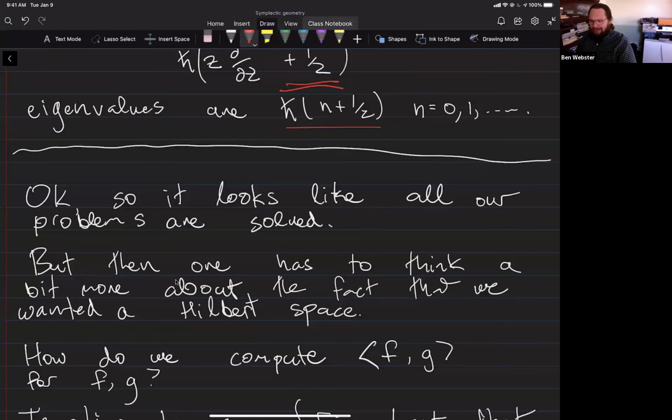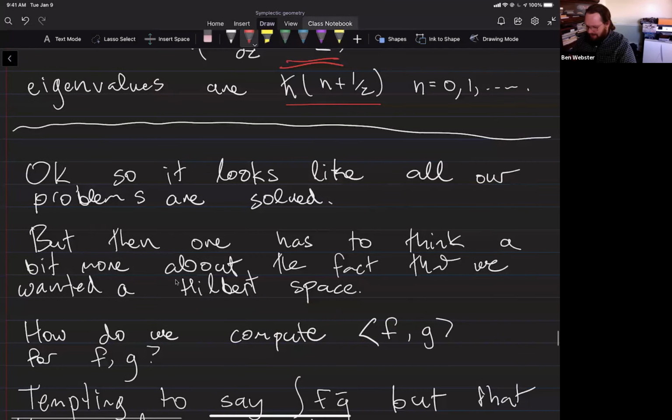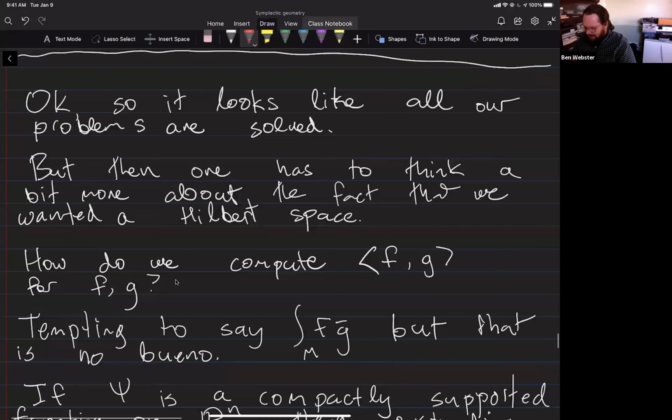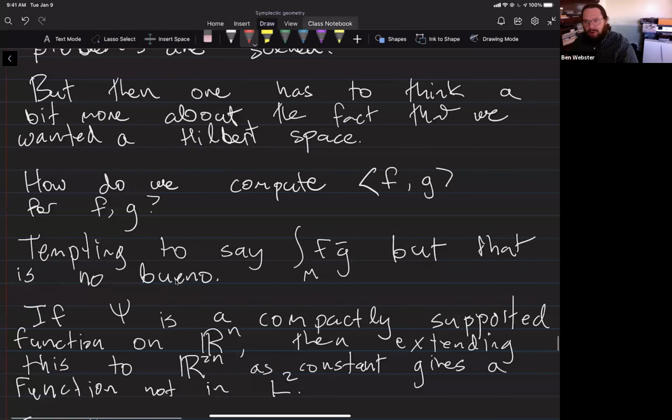Well, if you think about that for a minute, that's not going to work out very well. If I take a compactly supported function on R^n and think of that as a function on T*R^n, well, that's not compactly supported anymore, and it's not in L2. If I extend it by just saying that it doesn't depend on the other n variables, that's very bad. So it's definitely not in L2.